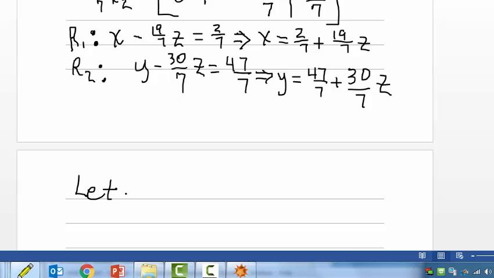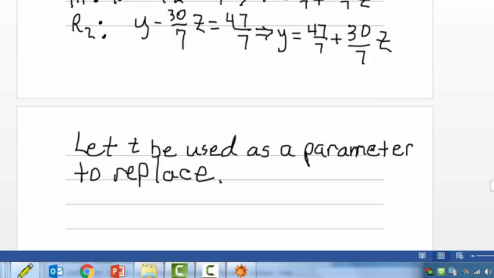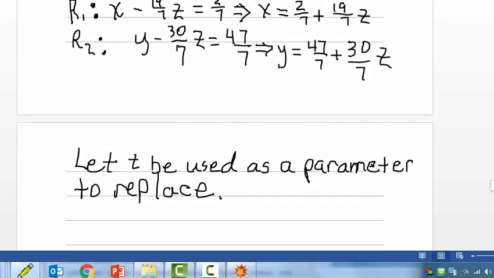So let t be used as a parameter to replace z. So technically you could use the z. You can use any letter except x and y.